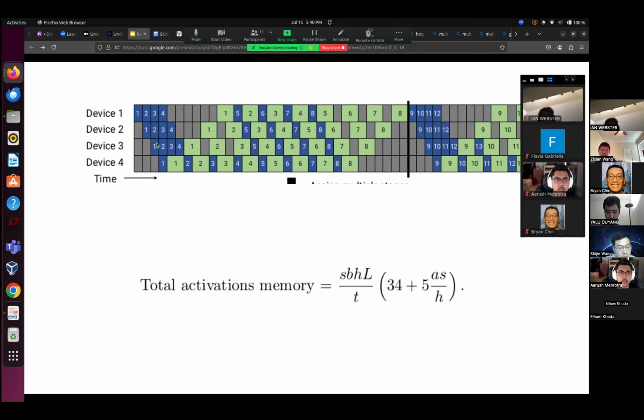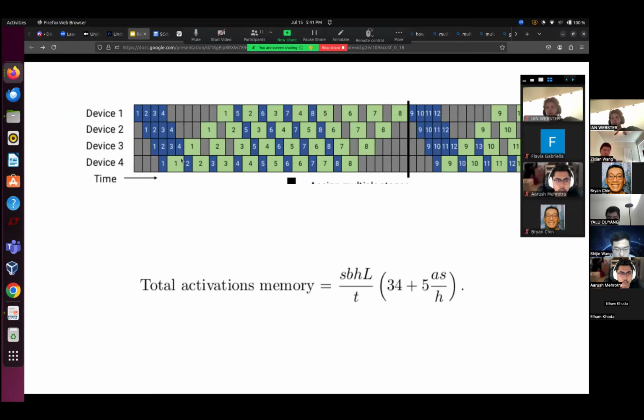At that point we move on to back propagation of each micro batch, which are the green grids. From device 4 back to device 1, we do the same communication, except in the opposite order. All of the gray grids are called the pipeline bubble, where the devices are idle and not doing anything.